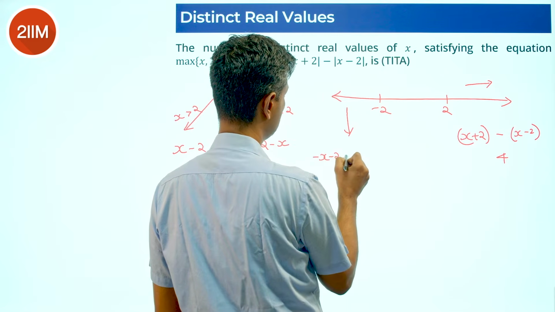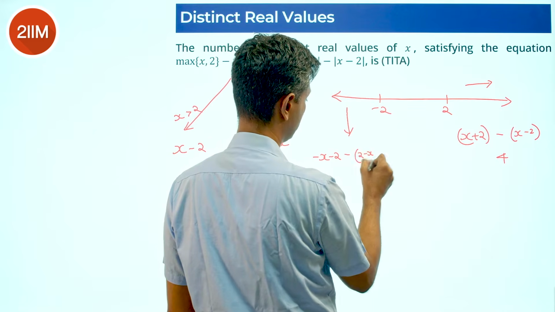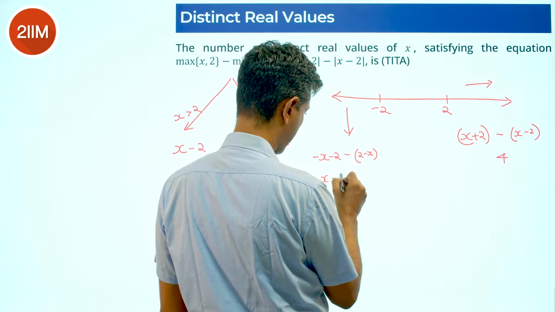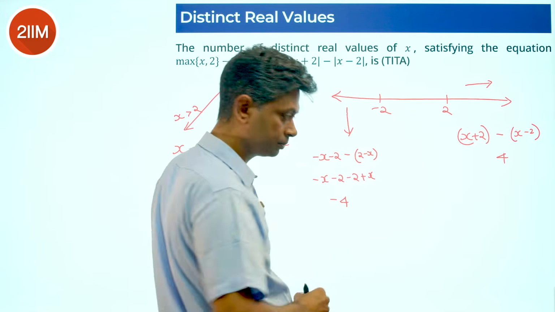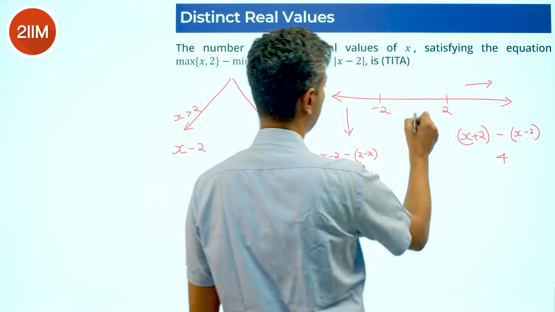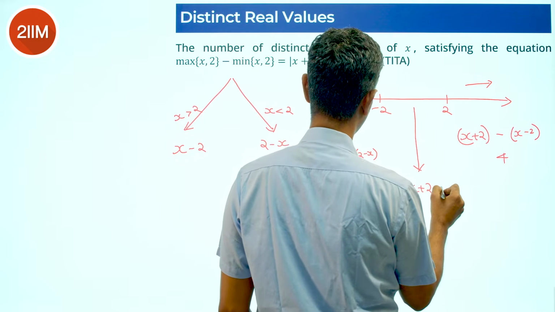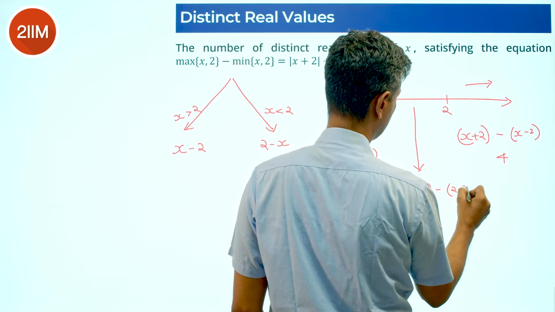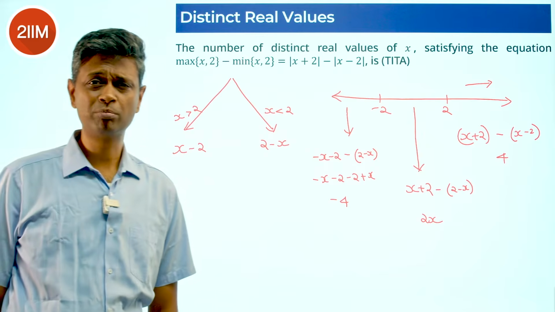Minus x minus 2 minus of 2 minus x. Minus x minus 2 minus 2 plus x. This is minus 4. In between here, x plus 2 will be positive, x plus 2 minus of 2 minus x. This is 2x. Nice, brilliant.